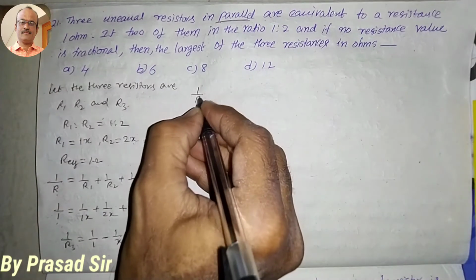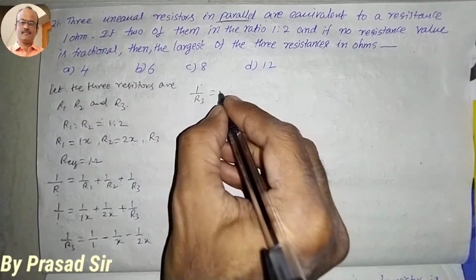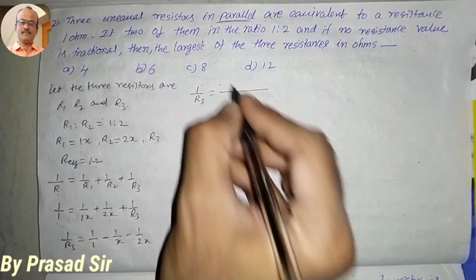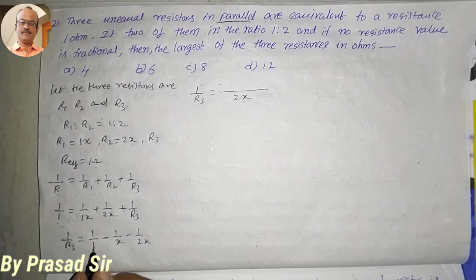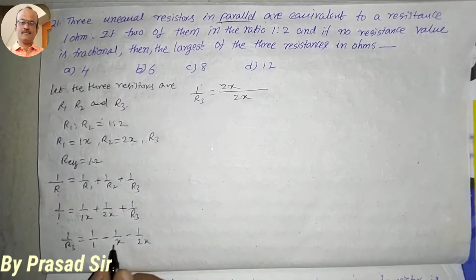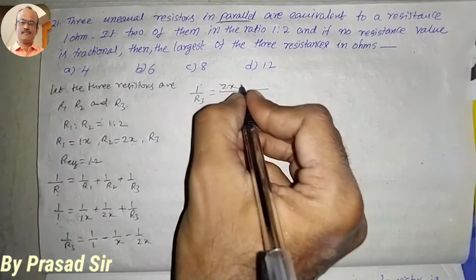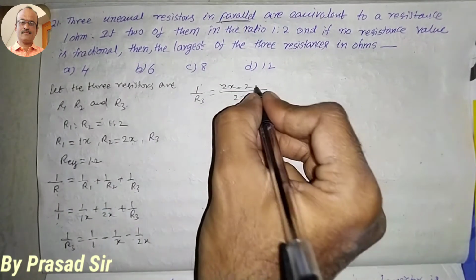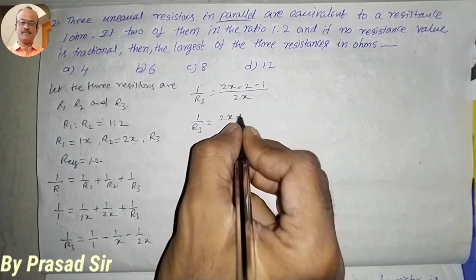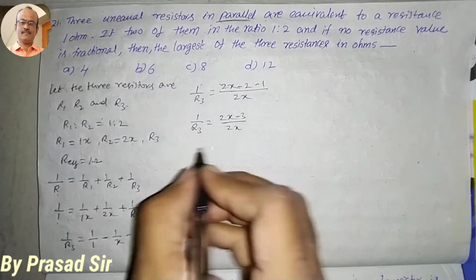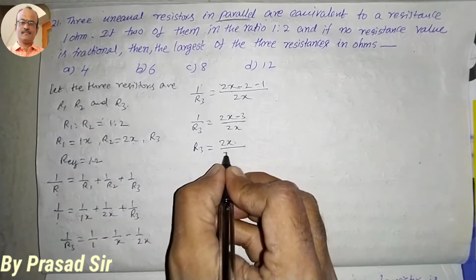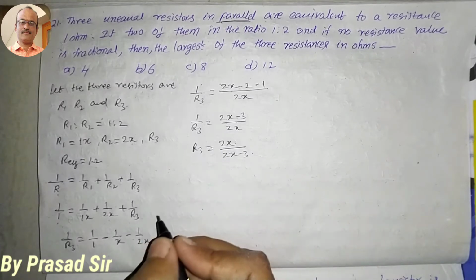Taking the LCM as 2x, we get 1 by R3 is equal to 2x minus 3 divided by 2x, and R3 is equal to 2x divided by 2x minus 3.